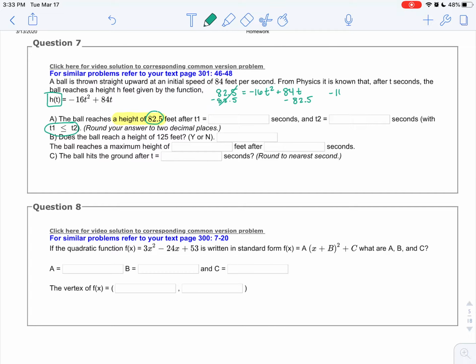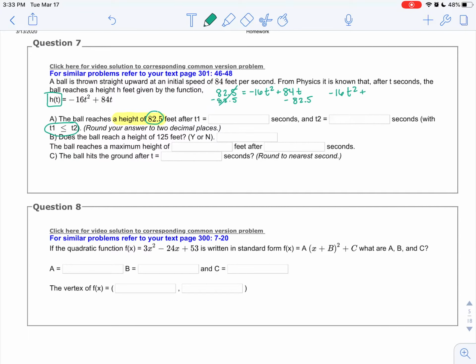So then I get negative 16t squared plus 84t minus 82.5, and this equals 0. So really at this point, I think I'm just going to plug this into the quadratic formula.